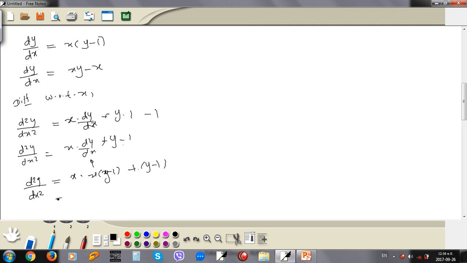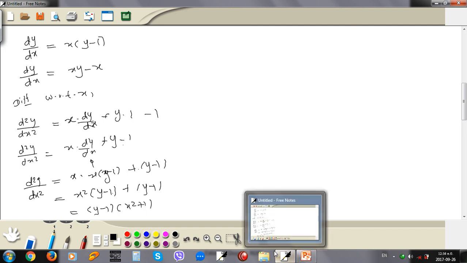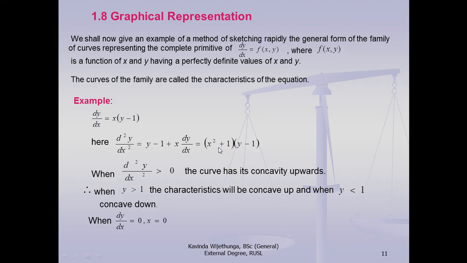We can simplify: x squared times y minus 1 plus y minus 1. Taking y minus 1 out of the brackets, we get x squared plus 1. So d squared y over dx squared equals x squared plus 1 times y minus 1.